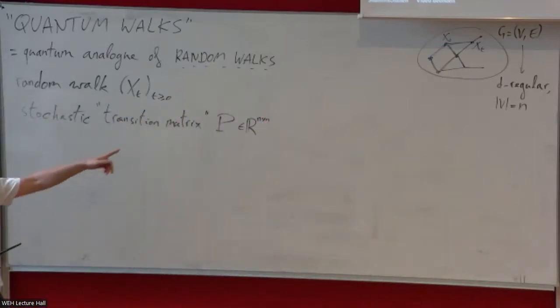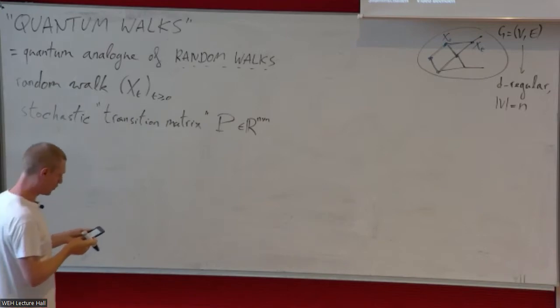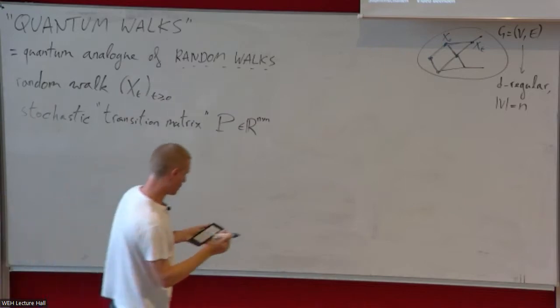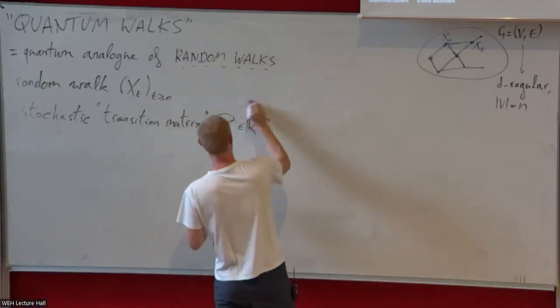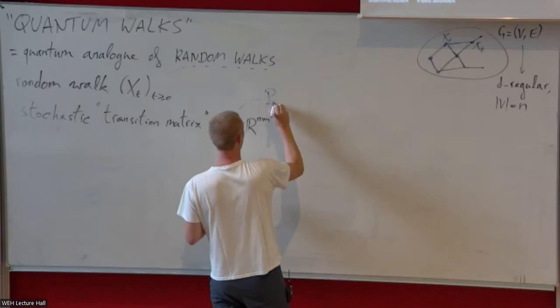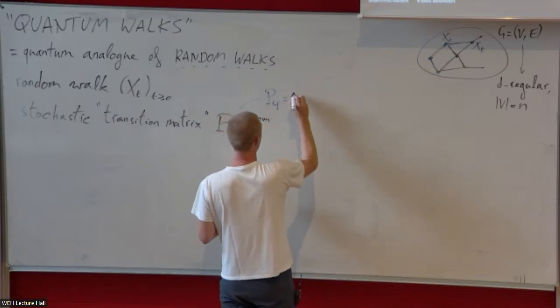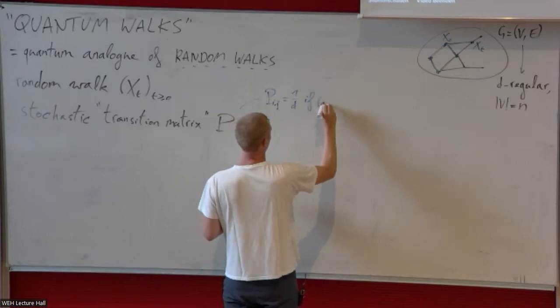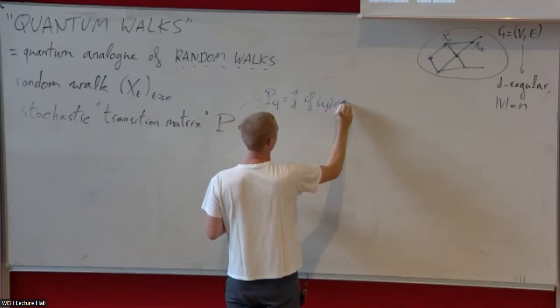In fact, in this particular case, all its entries will either be 0 or 1 over d, right? More specifically, it's completely defined by saying that P_ij is 1 over d if ij forms an edge.